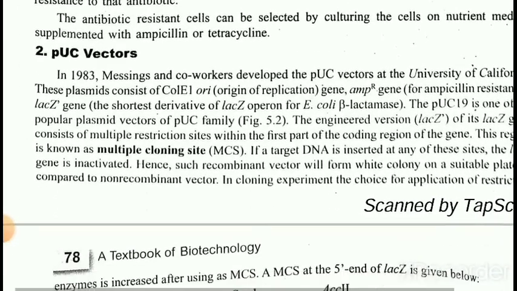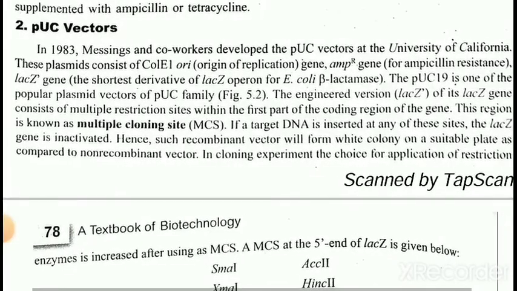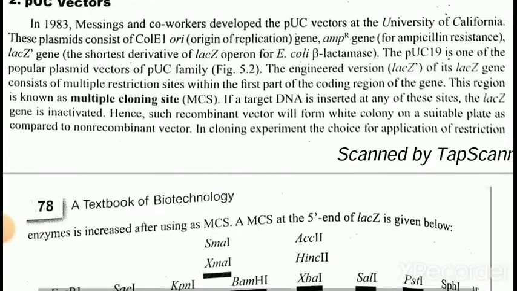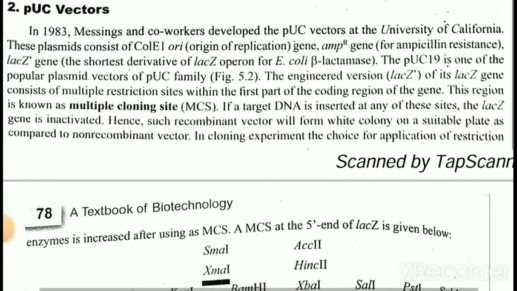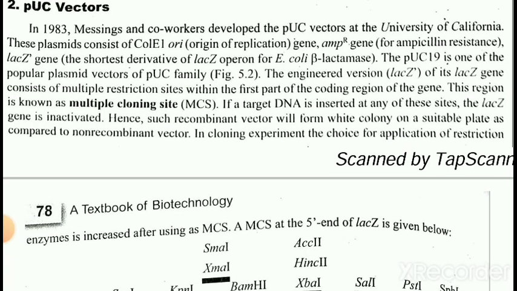2. pUC vectors. In 1983, Messing and co-workers developed the pUC vectors at the University of California. These plasmids consist of the E. coli ORI, origin of replication, the AMP gene for ampicillin resistance, and the lacZ gene, the shortest derivative of the lac operon for E. coli beta-galactosidase. The pUC19, one of the popular plasmid vectors of the pUC family, Figure 5.2.